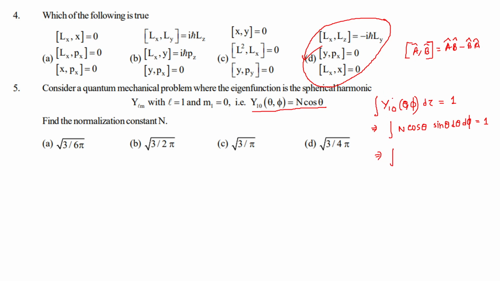Actually, I should write the square of them. So N square cos square theta. So N square is outside. Cos square theta sin theta d theta, and for phi, d phi, equals 1 because this is the normalization condition, and theta can go from 0 to pi and phi can go from 0 to 2 pi.